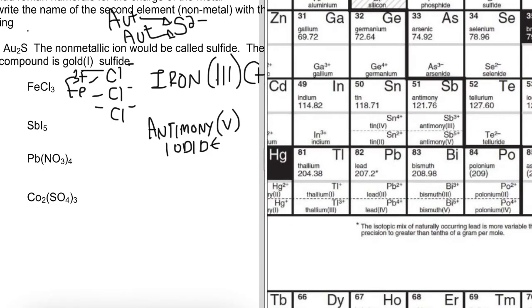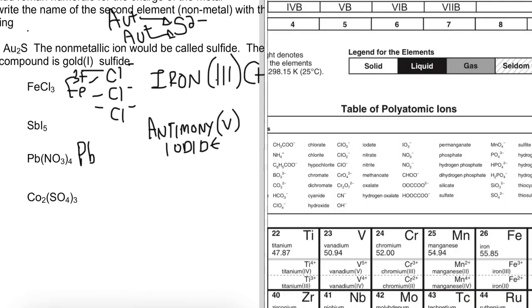Next one is Pb, which is lead, and then we actually have a polyatomic here, NO3, which is nitrate, and we have 4 of those. Again, we'd write Pb, and then we have NO3, NO3, and we have 4 of those in total.